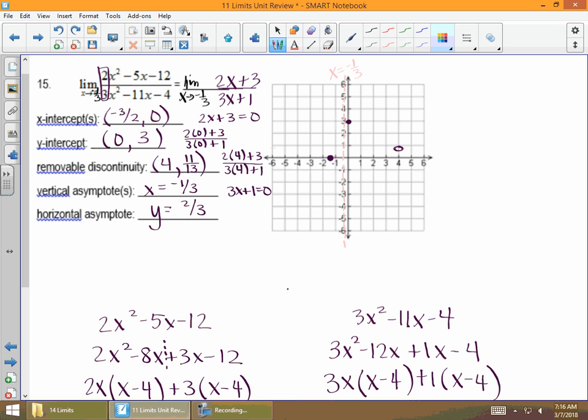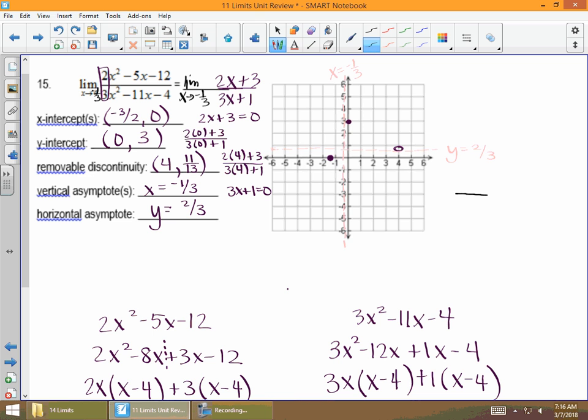So 11/13 is more than 2/3. So this line that I'm putting through here is going to be just below. That looks awesome. So this gives us a really good picture of what's happening with this graph right around negative 1/3, which is what our limit was asking for.